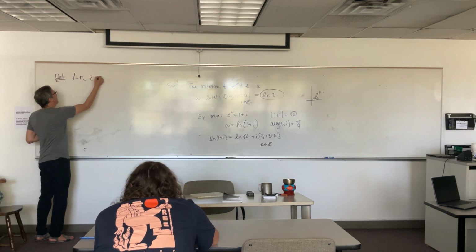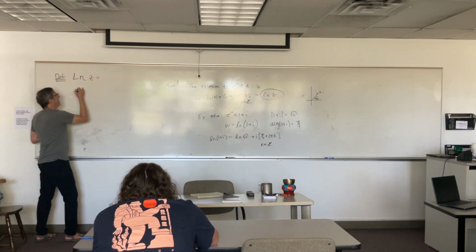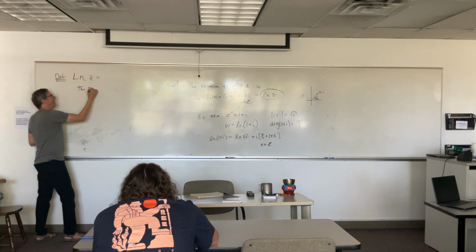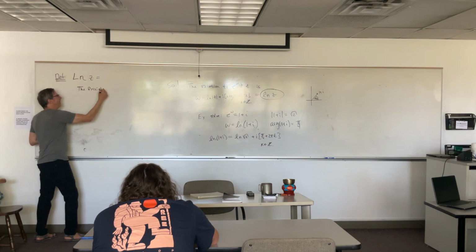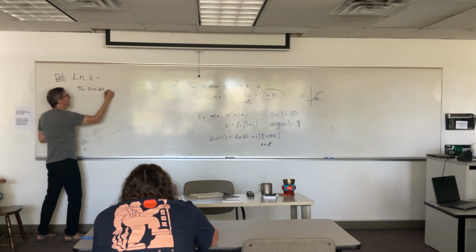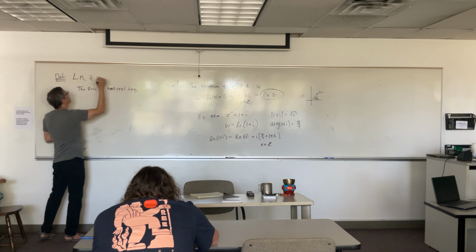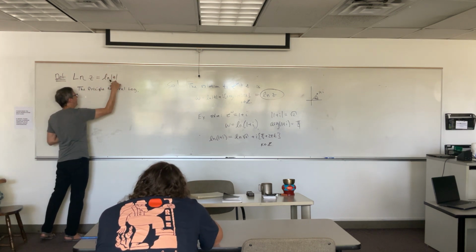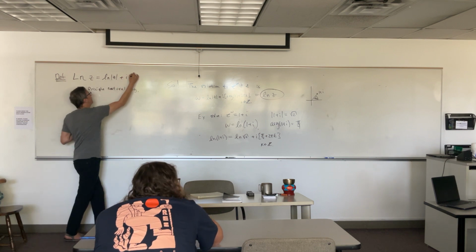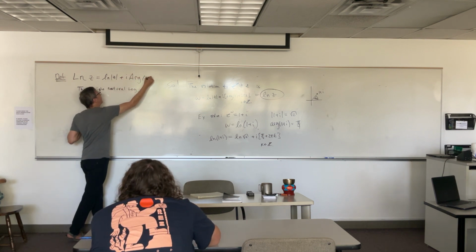Okay. Ln of z equals, so this is the principal natural log. And this is defined to be just the natural log of the modulus of z plus i times the principal argument of z.